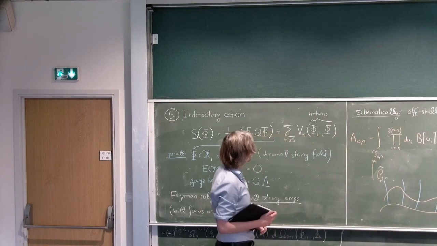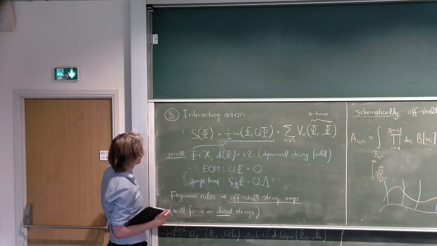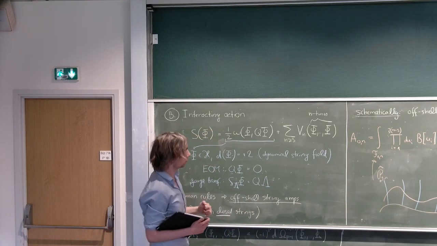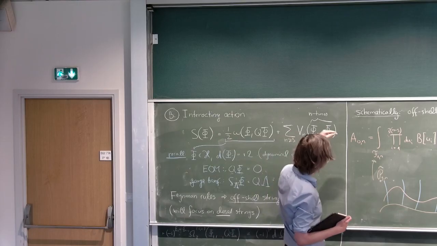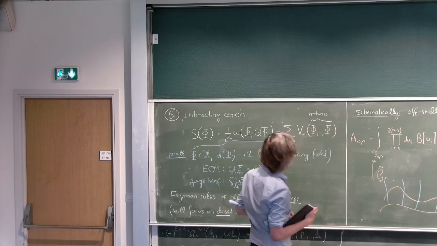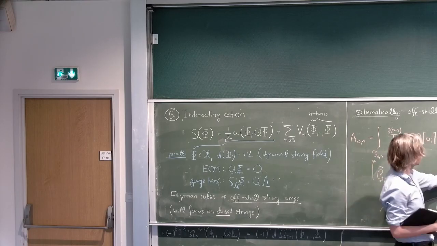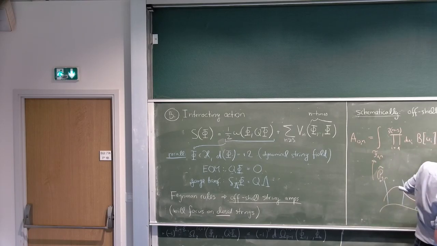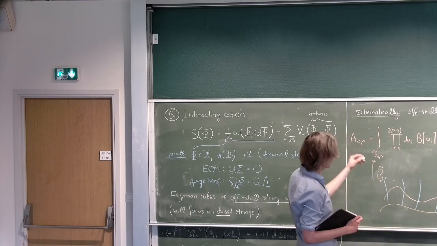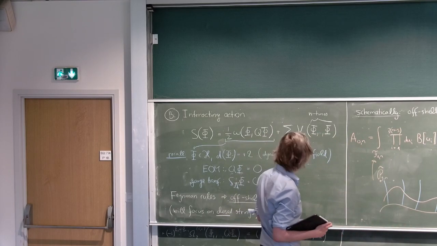Since we will not want to be bothered by loop effects, at least at this first level of explanation, I will just consider Riemann surfaces with genus 0. This is why I'm putting the 0 here, and n punctures which are supposed to represent n external states.